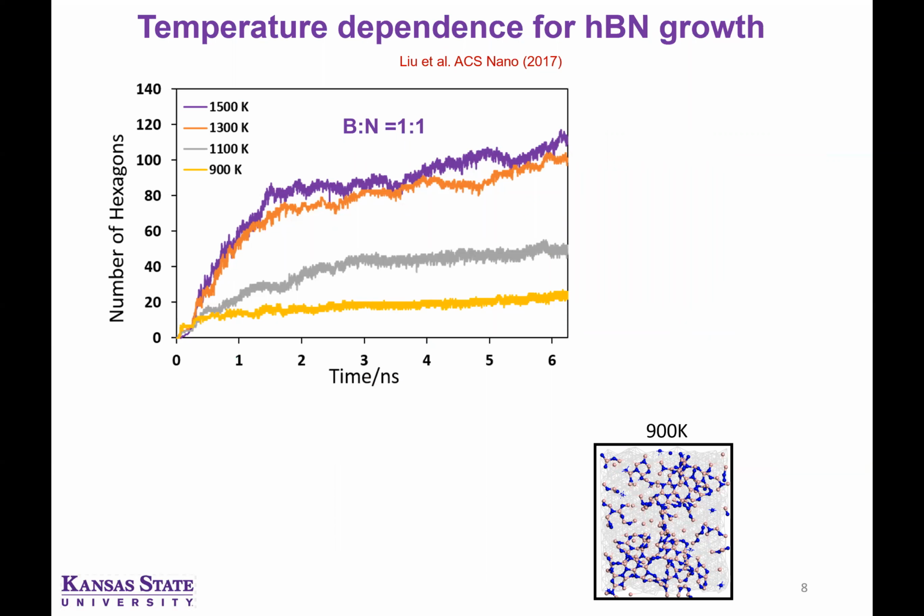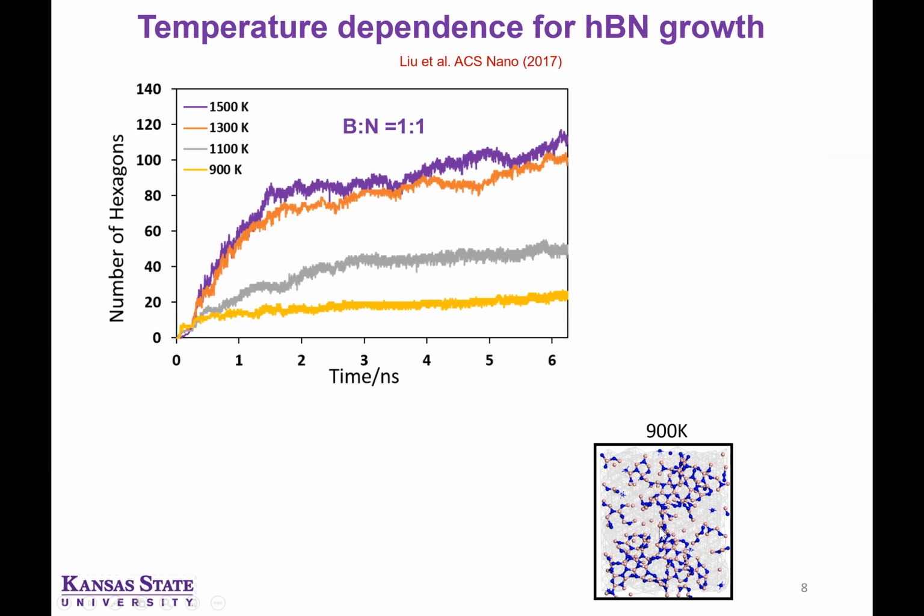Encouraged by this development, we start to run a series of MD simulations at different temperatures. In this set of simulations, we kept using a boron nitrogen ratio of 1:1, and our analysis involves the counting of the hexagons.